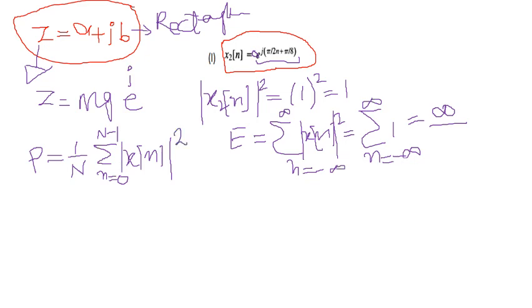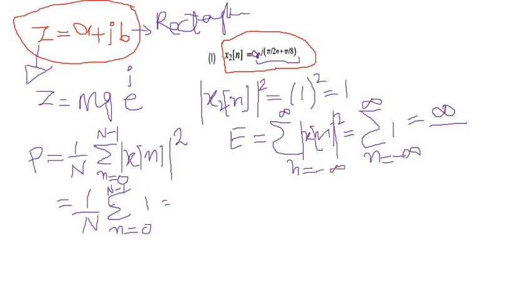By putting in the value, x n squared is equal to 1.